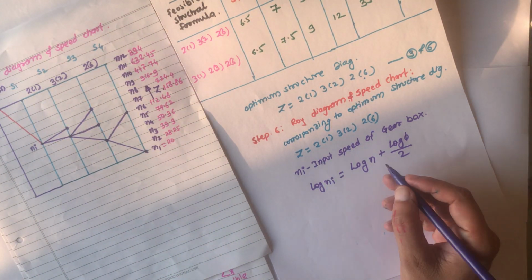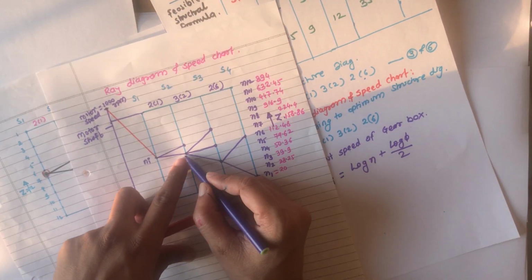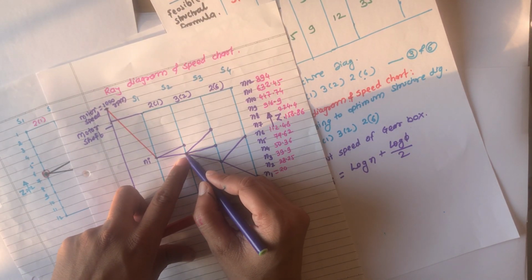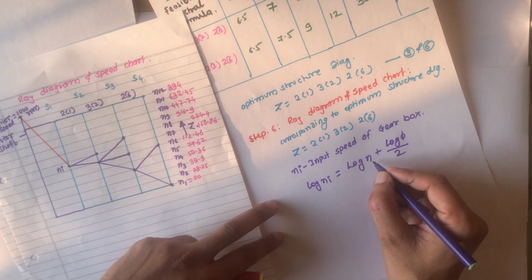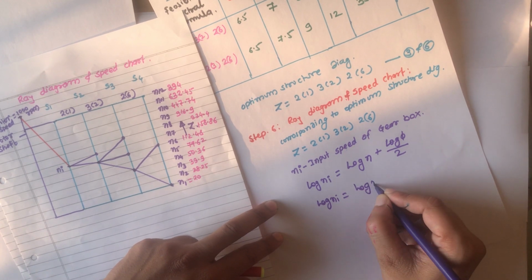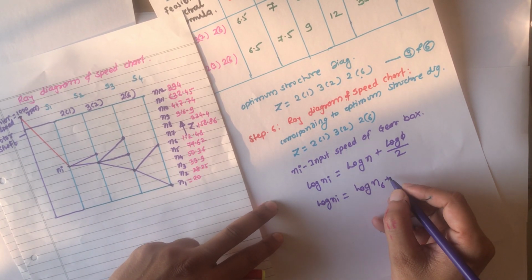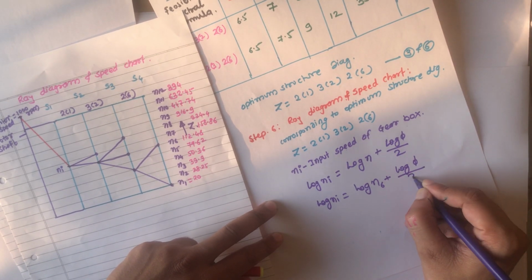So this is your log n. Log n means the speed corresponding to the nearest one, that is either you can select this n6 or n7. So in this case log ni is equal to log n6 plus log phi raised to 2.